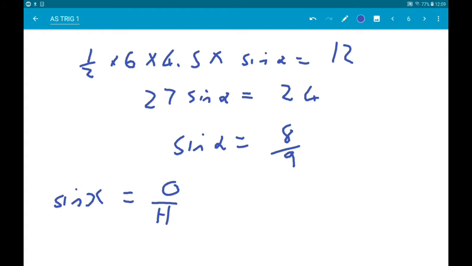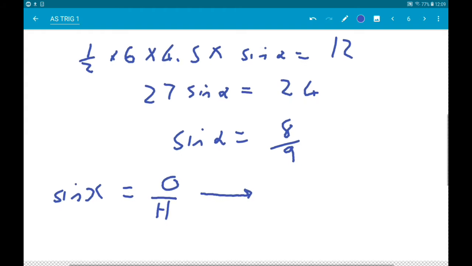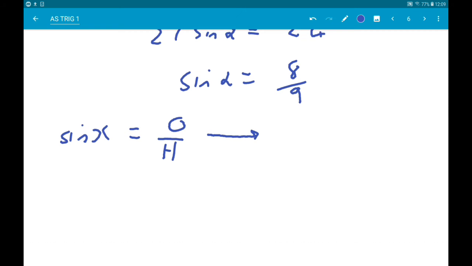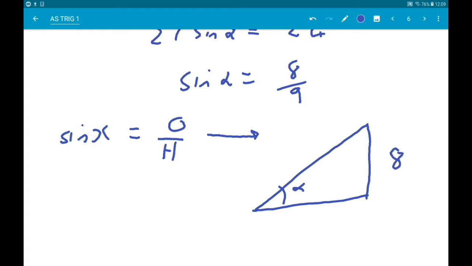So that means in a right-angled triangle with an angle alpha, we know the opposite would be 8, and the hypotenuse 9.